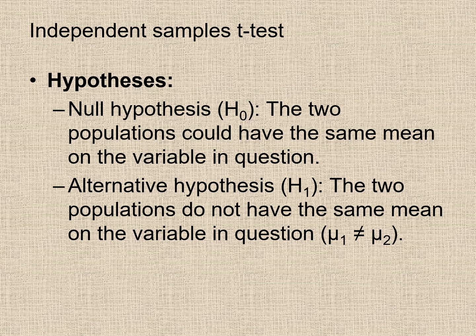So we have a null hypothesis and an alternative hypothesis. And always, if we are trying to figure out if two populations can be assumed to have the same mean on a certain variable, then the null hypothesis is that the two populations could have the same mean on the variable in question. So, for instance, Swedish women and Norwegian women can be assumed to have the same average level of depression.